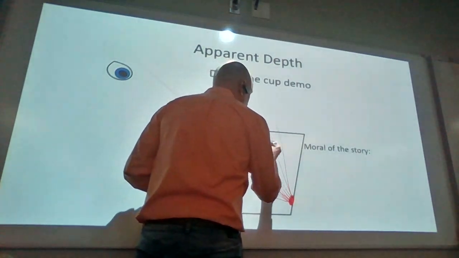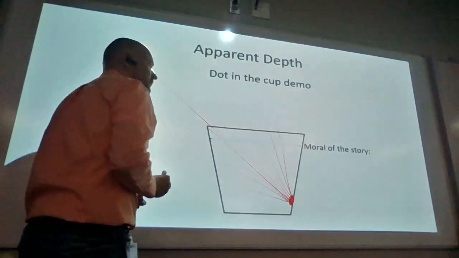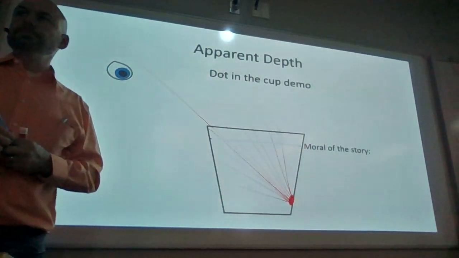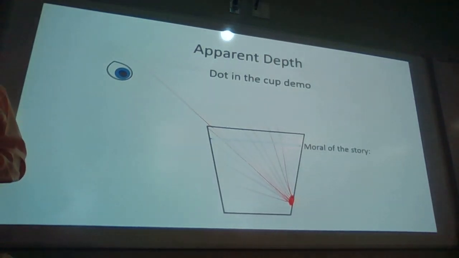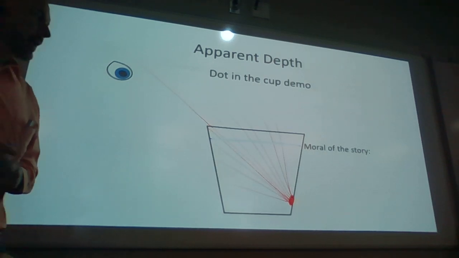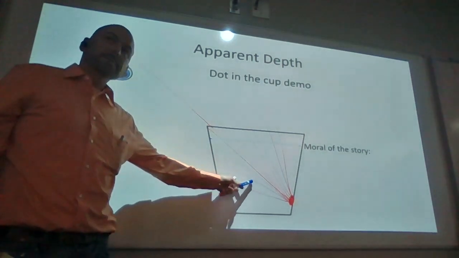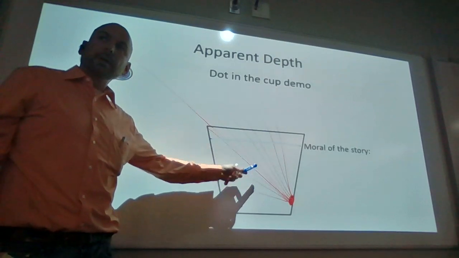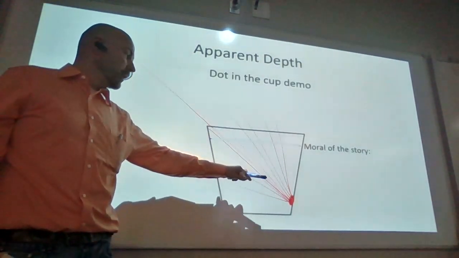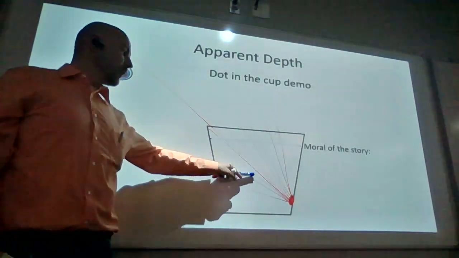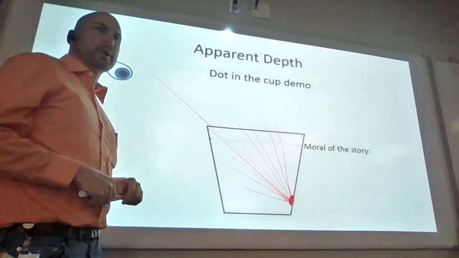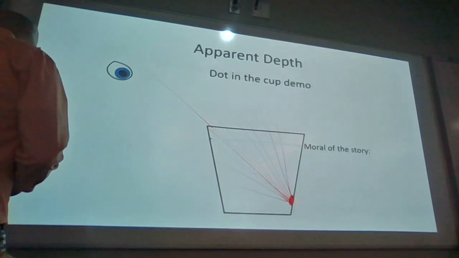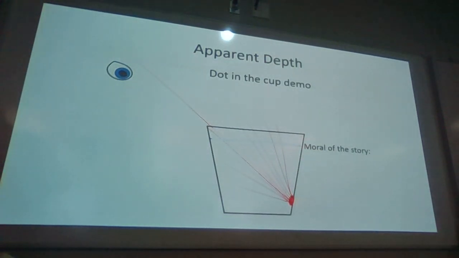Then you pour in water. Again, your eyeball is the receiver, the catcher of light. It's not the emitter. Light is starting in the water and going into air. What happens when light goes from the water into air? It bends away or towards the normal line? Away from the normal line. Okay?